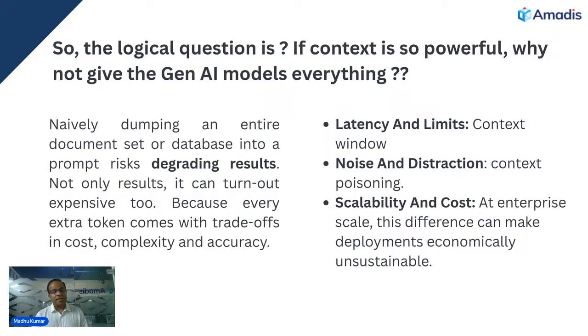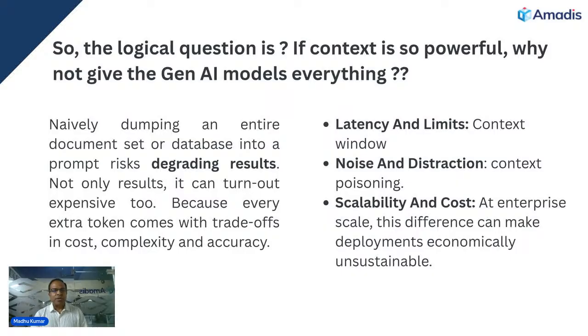You can't, I use the word naively dumping, you can't give everything and anything to the model within the context window and whatever limitations and start looking for answers, because ultimately these are all transformer models, whether it is BERT or GPT, whatever, whether it is encoder logic or the transformer logic.